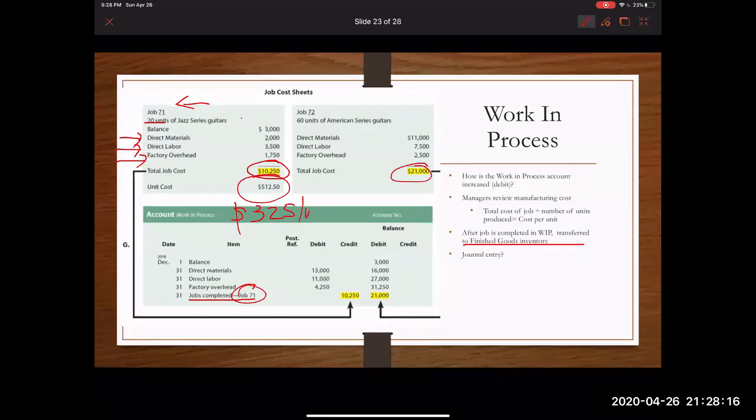As a manager reviewing cost over time, I would want to know, why is my cost per unit for the same type of Jazz Series guitar now close to $200 more?